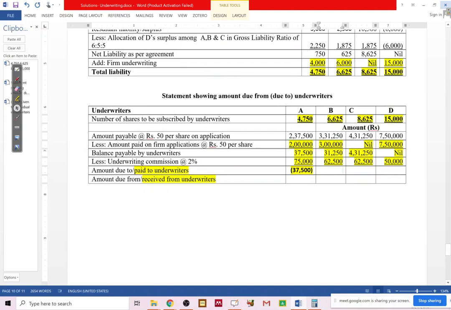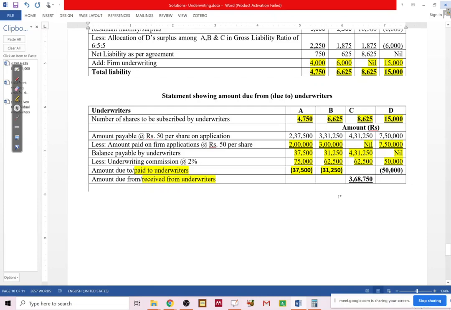The same thing happens with B. You are supposed to pay them 31,250. In the case of C, C is supposed to pay the company 3,68,750, because commission is less and he is yet to pay a big amount to the company. And last is 50,000, which D is supposed to receive from the company. It's supposed to be paid to D.